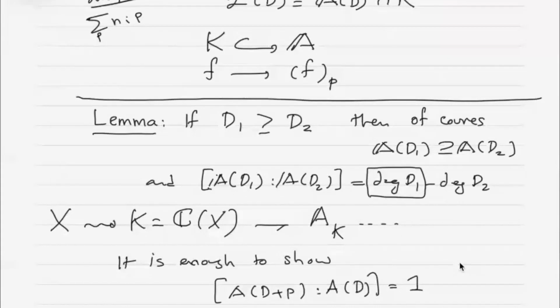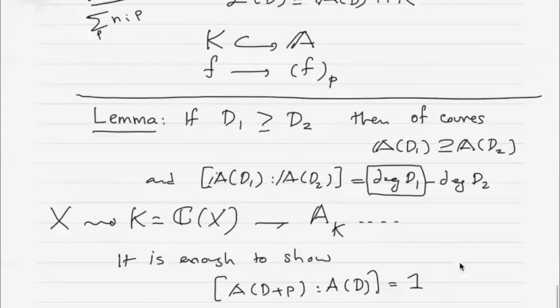Because D1 is obtained from D2 by adding points. Each time you add a point, you increase the dimension by 1. So the dimension of the quotient will be equal to the difference of the degrees, degree of D1 minus degree of D2, which is the number of points that you need to add to D2 in order to arrive at D1.